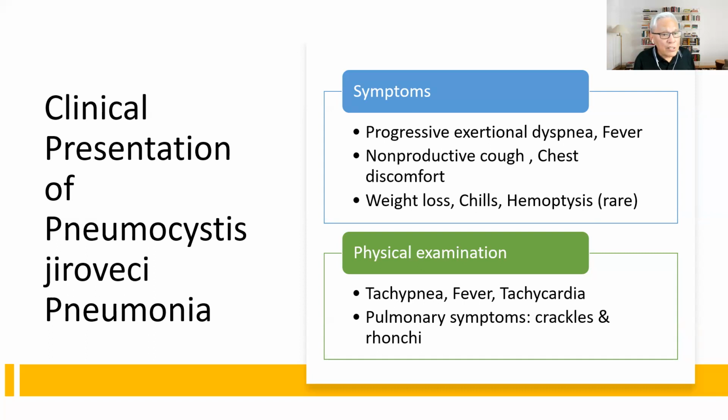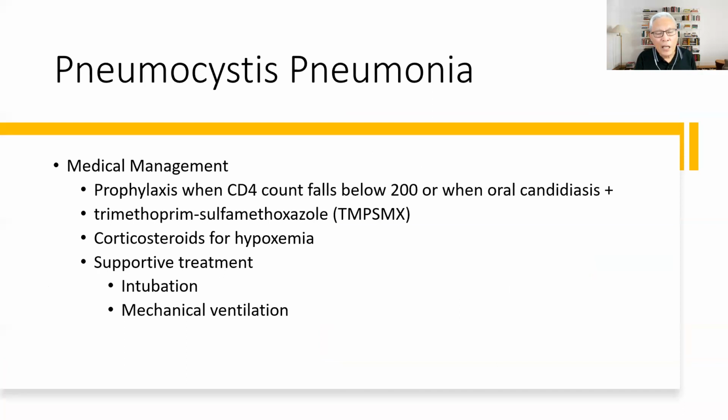Non-productive cough, chest discomfort, weight loss, and on examination, we will always have the tachypnea, which is very, very common, and your crackles and your rhonchi. And that is the reason why they usually are going to require intubation and mechanical ventilation.